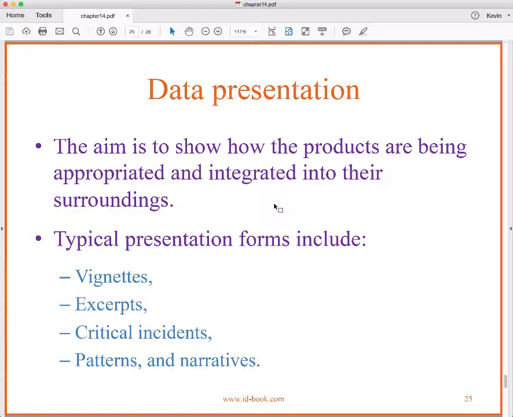We may have seen some particular critical incidents happen. This is the research. So these are the kind of things that we're looking for. We're looking for ways to present our findings that are founded in our observations.